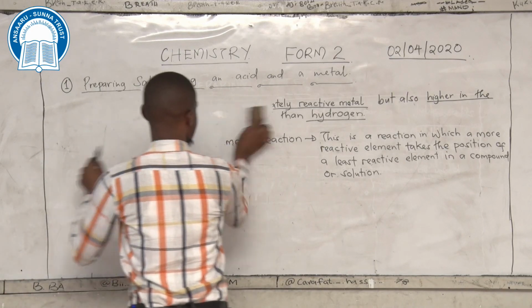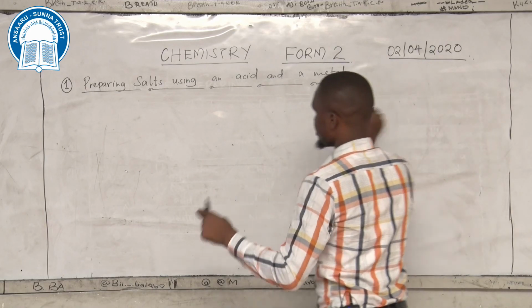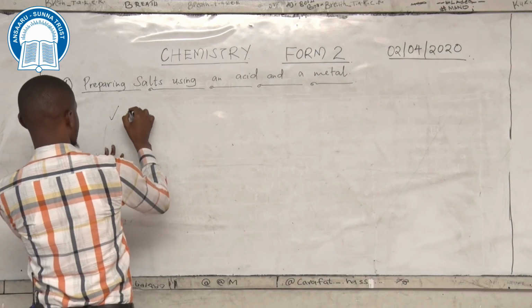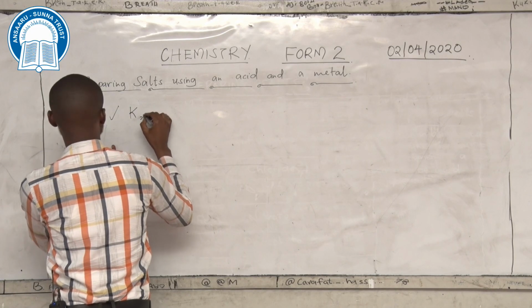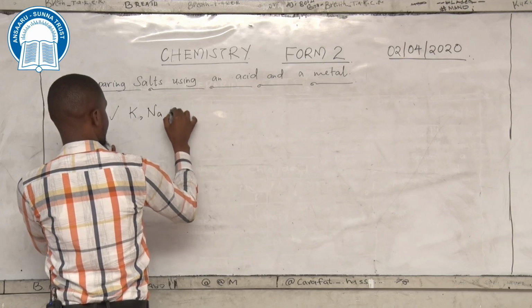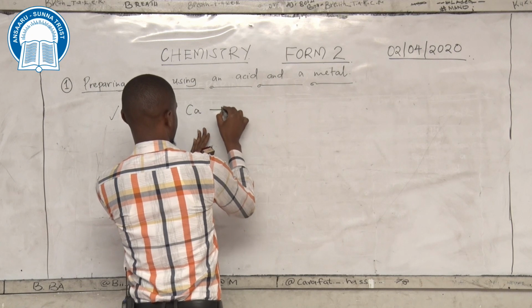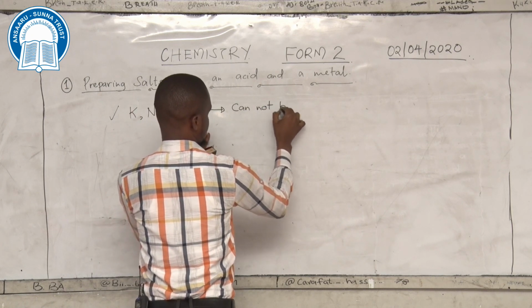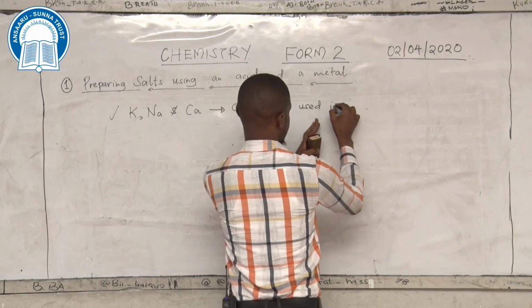Now, why are we saying it has to be a moderately reactive metal? Number one, metals like potassium, sodium, and calcium cannot be used in this method.